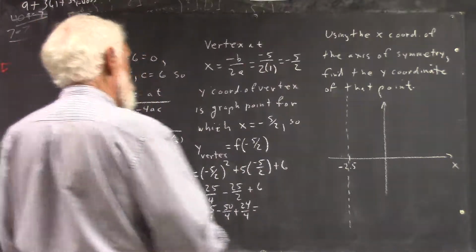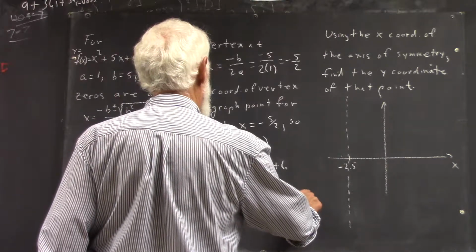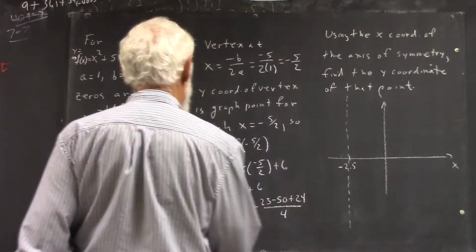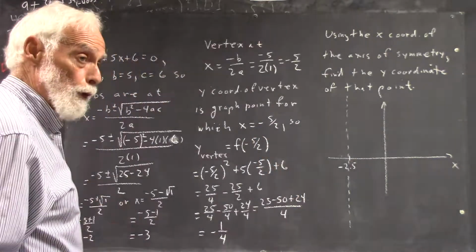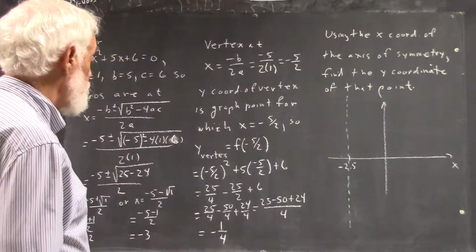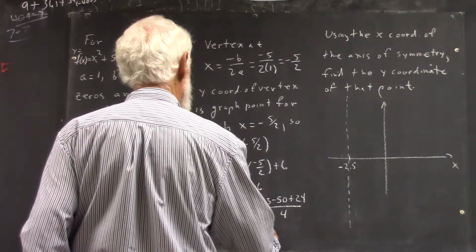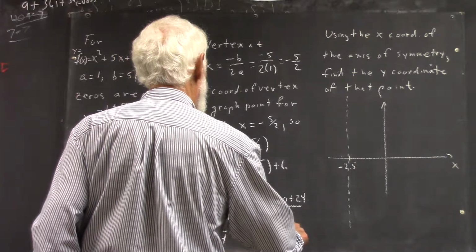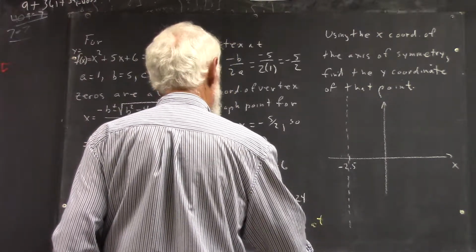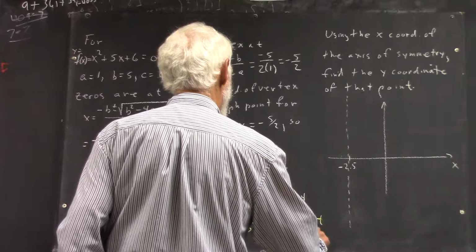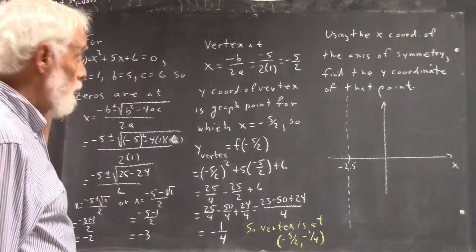Write it out in all its gory detail. Add these up, you get negative 1/4. Okay? So the vertex is at the point negative 5/2, negative 1/4. Okay?